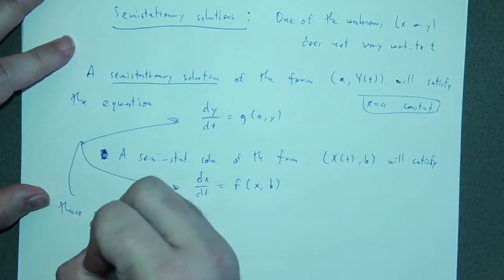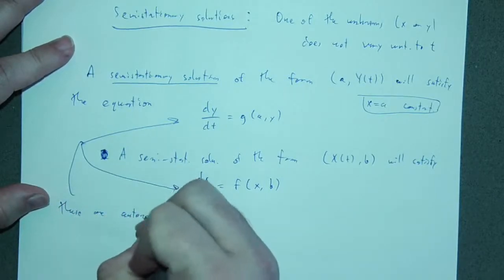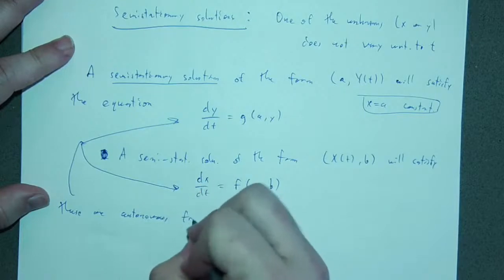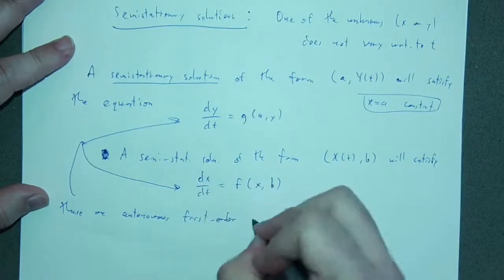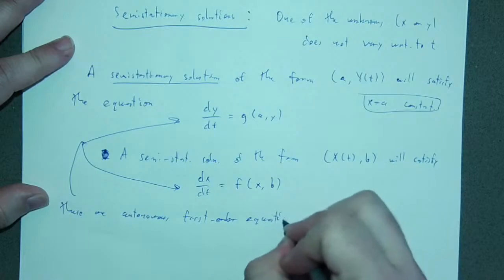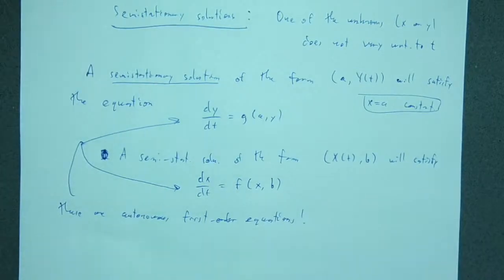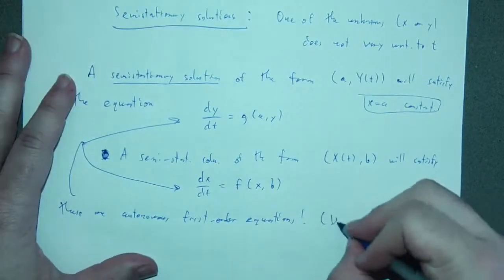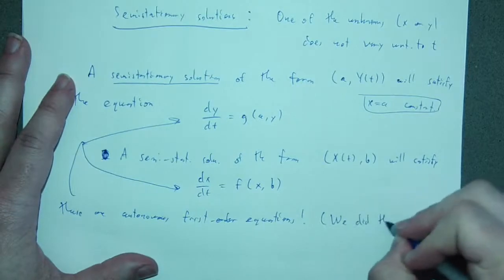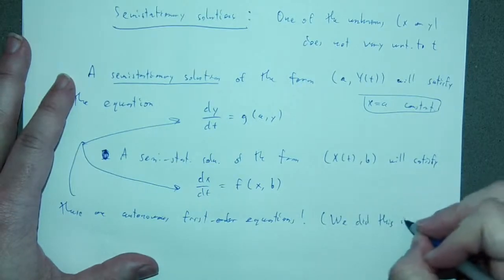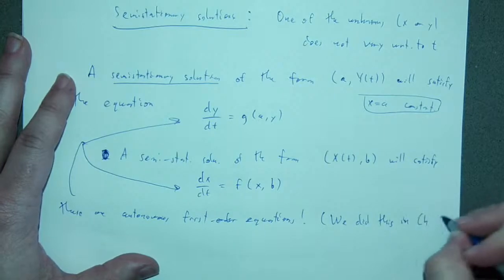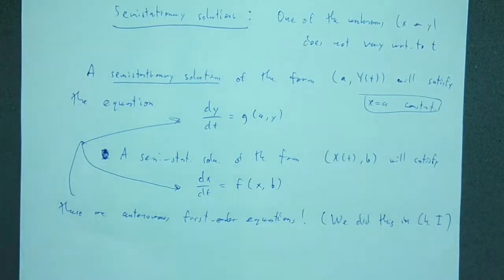These are autonomous first order equations, i.e., we did this in chapter 1. So the autonomous first order equation analysis we did back in chapter 1, we'll do it.